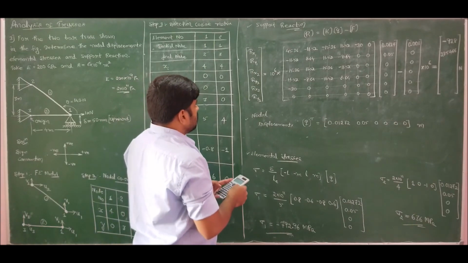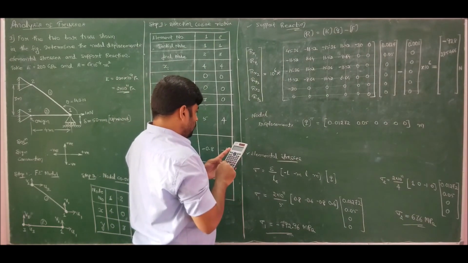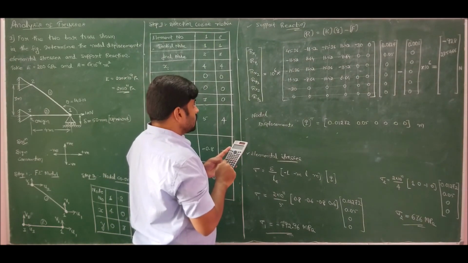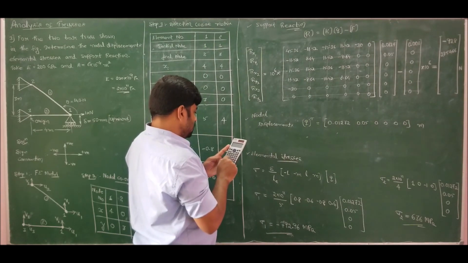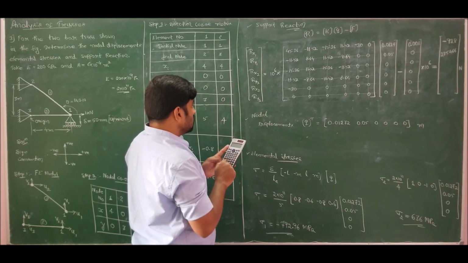Next, coming to Rx2, it is minus 15.36 into 0.01272 plus 11.52 into 0.05.